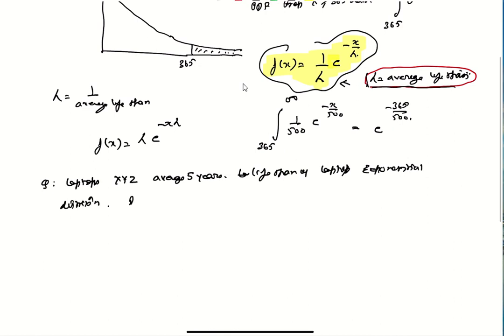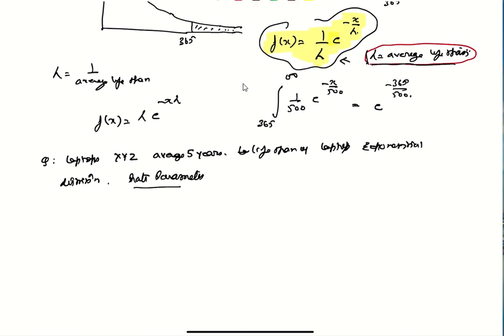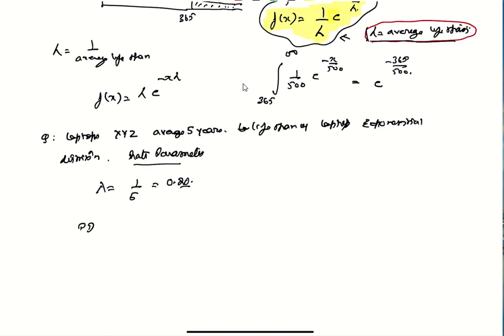Now we calculate the rate parameter. If you call it a rate parameter, then this lambda will become 1 by 5, that is 0.20 per year. And now if we want to know the PDF, which is f of x, that is going to be 1 upon lambda e to the power minus x upon lambda.